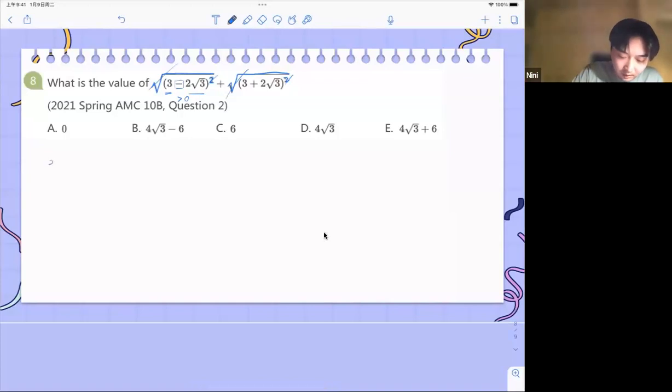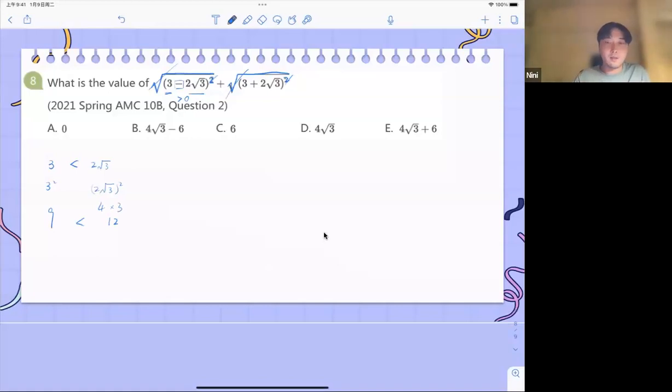So we get 3 and 2 square root 3, okay? So how can we do the comparison? Of course, add the power back. So 3 to the power of 2, that is 9, which is the first symbol. This one, 2 to the power of 2, that is 4. And don't forget this is multiply, and this is 3, right? So which is 12. 9, of course, is smaller than 12. That means this one, 3, is also smaller than 2 square root 3.